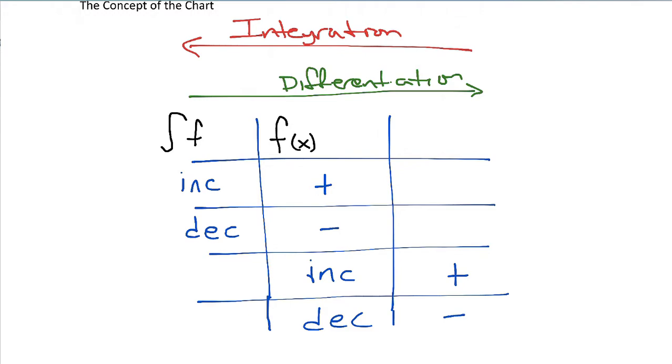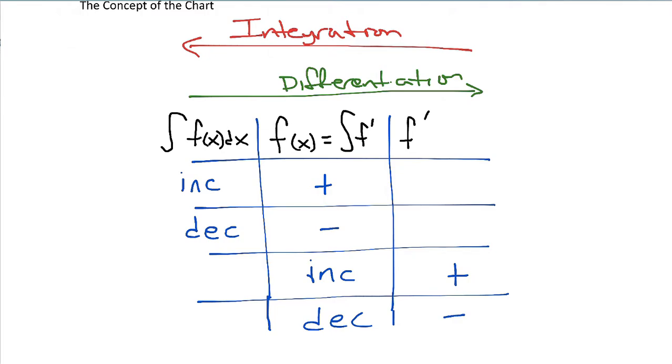If I labeled this one f of x, this one would be the integral of f of x dx, because if we integrate, we're going back with the red, but if we differentiate, we're going forward, and the integrals and derivatives undo each other. Well, that would make this one f prime. Or another thing you could think about is this one would be the integral of f prime, because again, we would integrate.